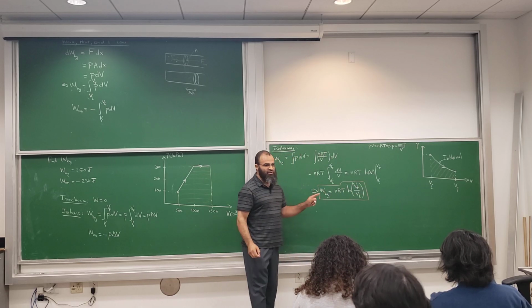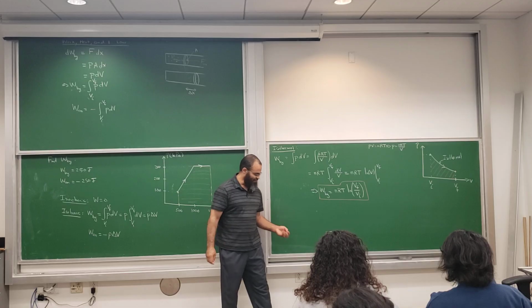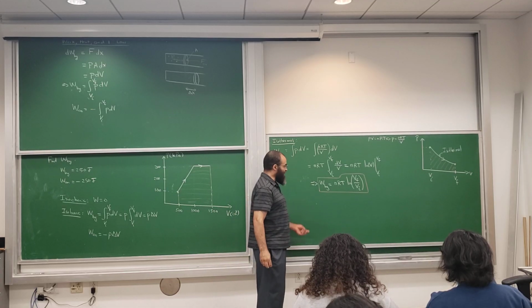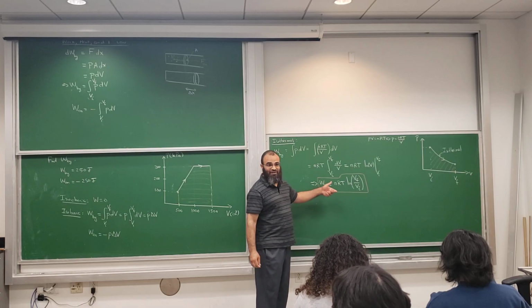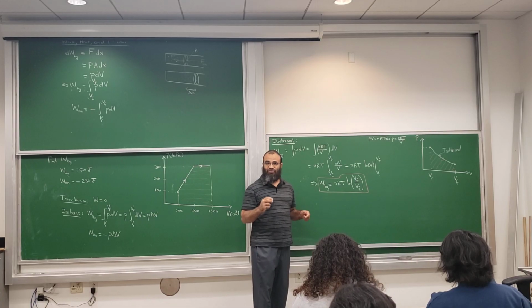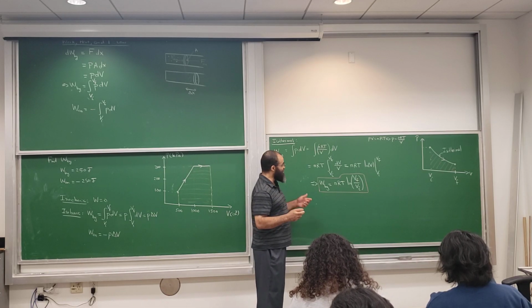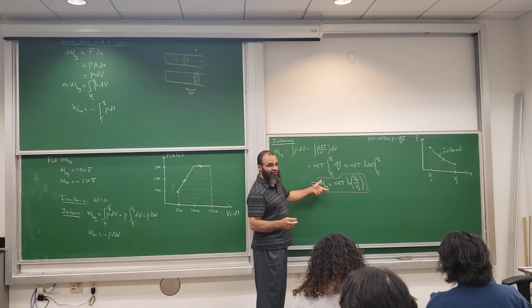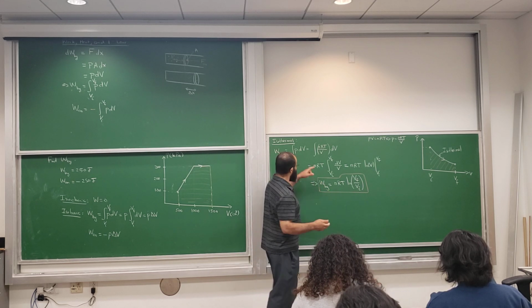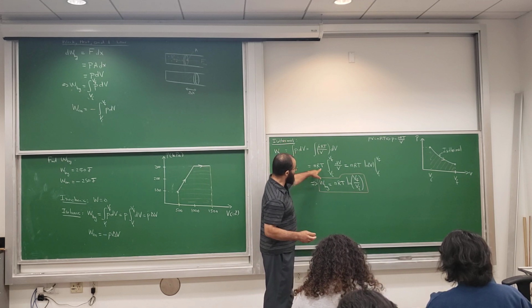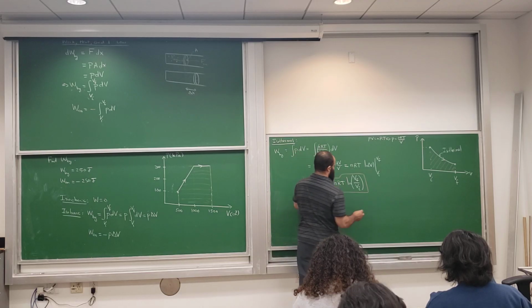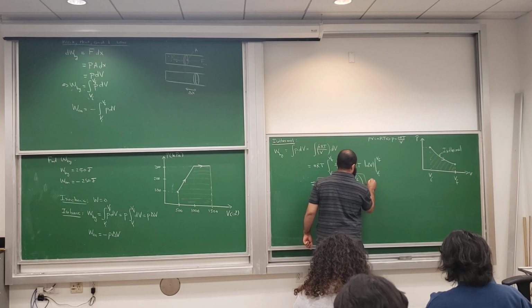This formula applies only when? Isothermal, right? You can't just see a formula and plug in numbers. You have to think about under what circumstances we derived this equation. We got it by assuming temperature to be constant. That's how we got to this step. So this is for isothermal.